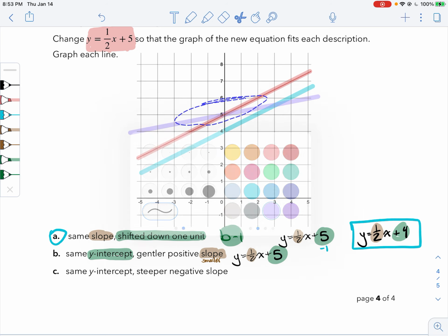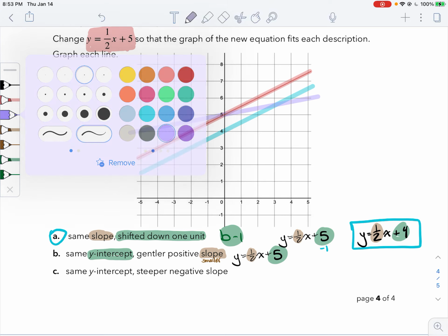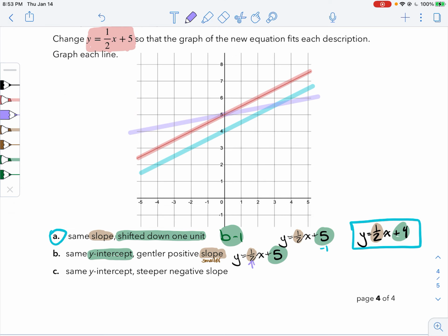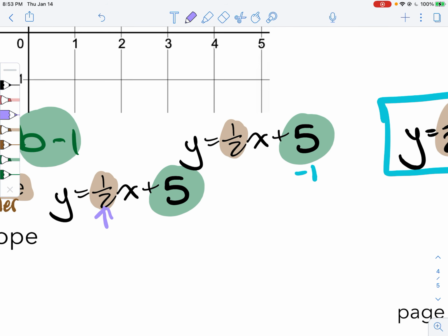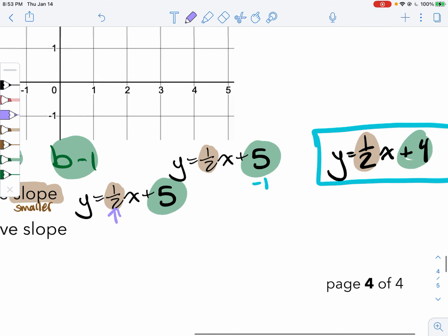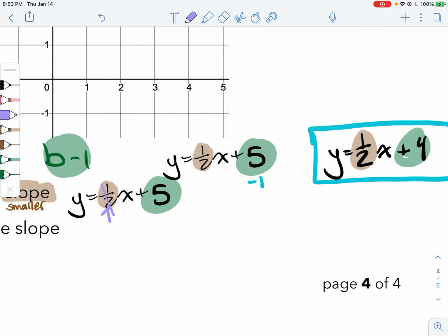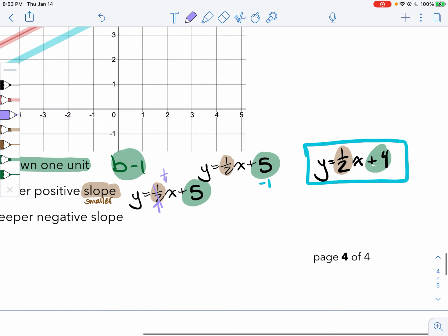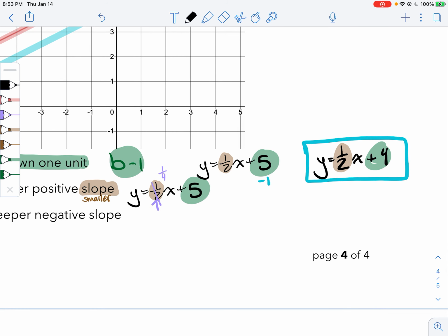Okay. So to make our slope smaller, we need to think of something smaller than 1/2. How about 1/4, I guess? So we just make it smaller, 1/4. I'm going to rewrite that. y equals 1/4 x plus 5.